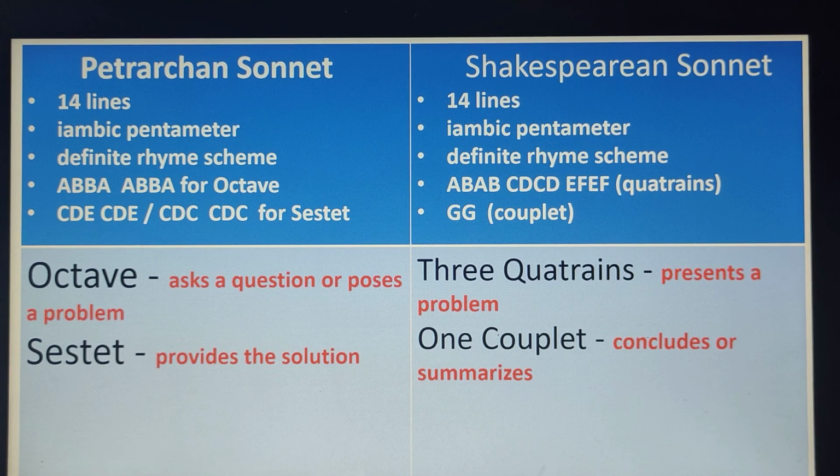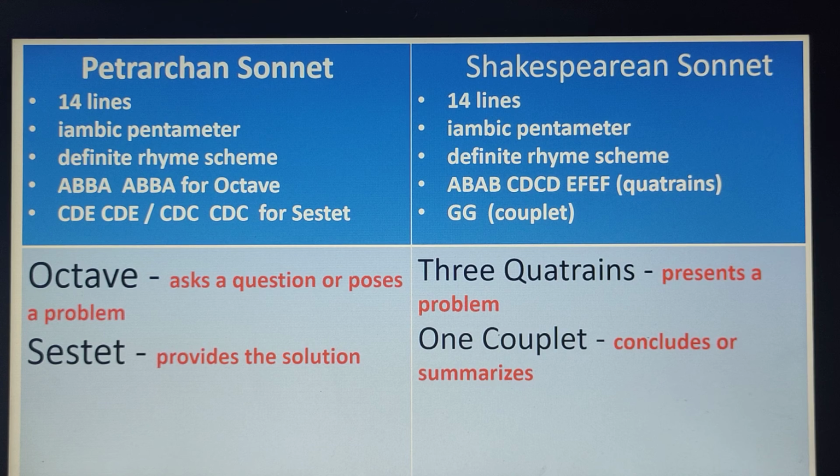In the Petrarchan sonnet, the rhyme scheme is ABBAABBA for the octave, and there are two possible rhyme schemes for the sestet, CDECDE or CDCDCD, right? When we talk about the Shakespearean sonnet, the rhyme scheme is ABAB, CDCD, EFEF. These are the first quatrain, ABAB, the second quatrain, CDCD, the third quatrain, EFEF, and the fourth part is the ending couplet.